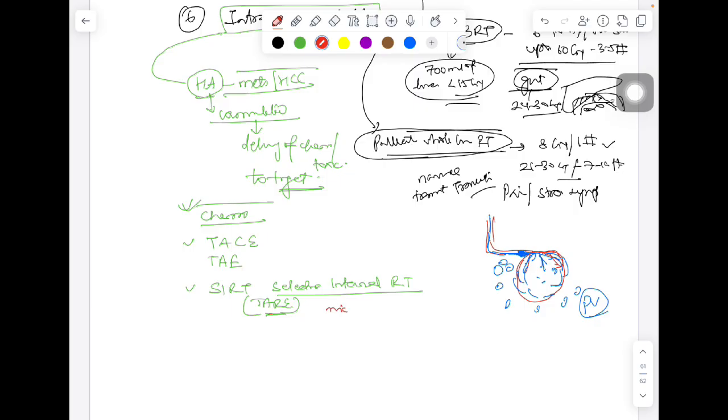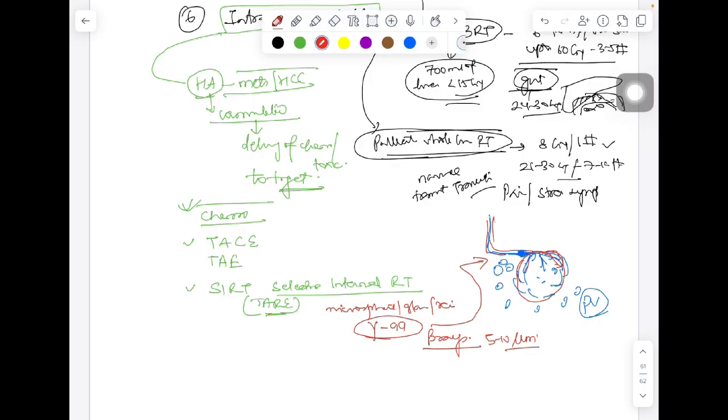So they are microspheres, glass beads or resin beads, on which yttrium-90 is attached, and as with the cannulated hepatic artery used for TACE, we are going to deliver this. Okay. So this emits beta rays, and beta rays have some 5 to 10 micrometer radius over which they can ablate. So that's how the tumor is selectively ablated.